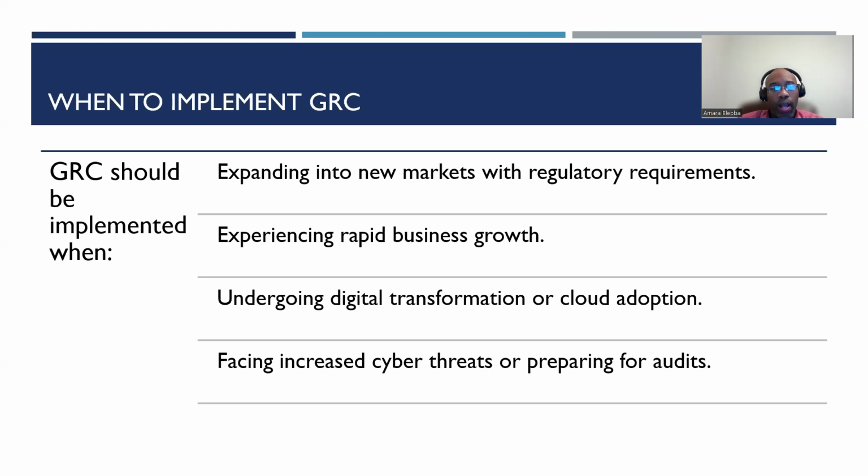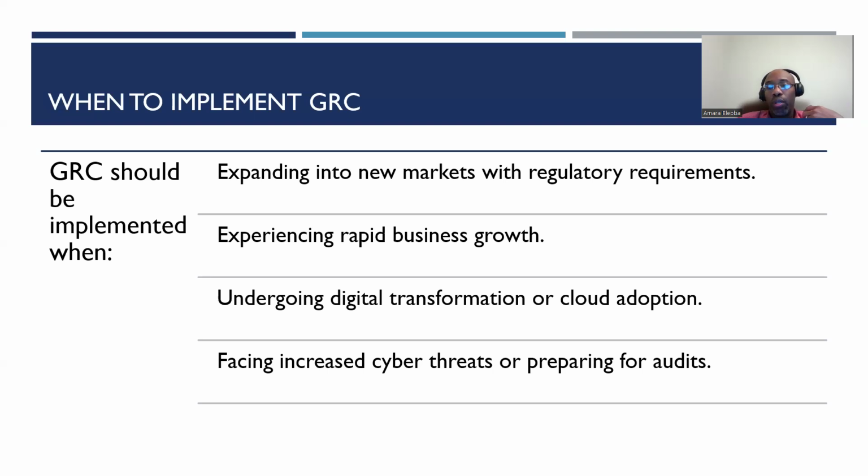Another example would be when you're undergoing a cloud adoption, with organizations moving from on-prem to the cloud. You need to use GRC to make sure all the controls are implemented correctly, because migration to the cloud is not an easy task. We want to make sure that we have the governance in place. We have to understand the risk.